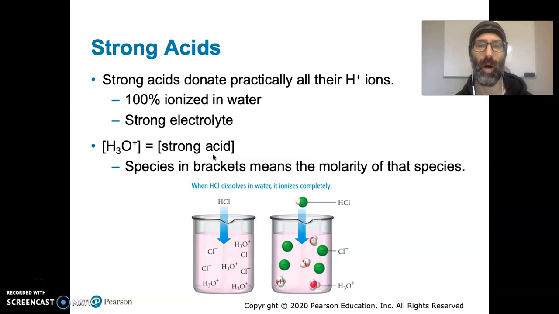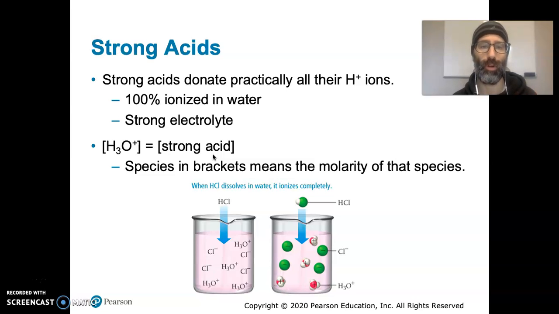If I have a 1 molar solution of hydrochloric acid and I put that in water, I'm going to end up with a 1 molar solution of the H plus ion, assuming equal volumes. Let me rephrase that.